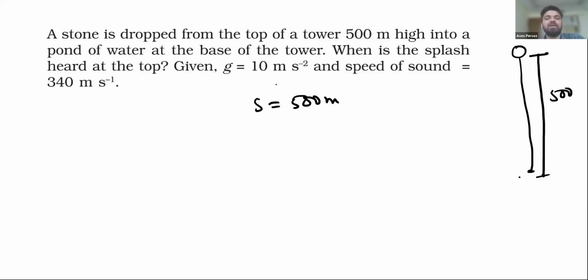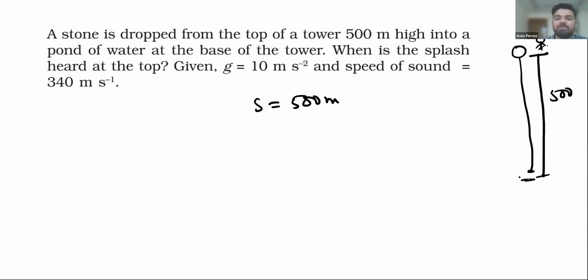Means after what time will the person that is standing here hear this splash? Okay. So what time do you think it will take? First of all, you need to find how much time it will take for the stone to touch the ground.